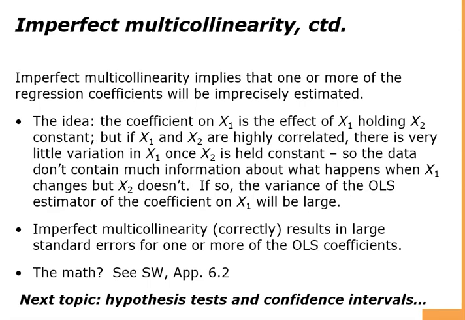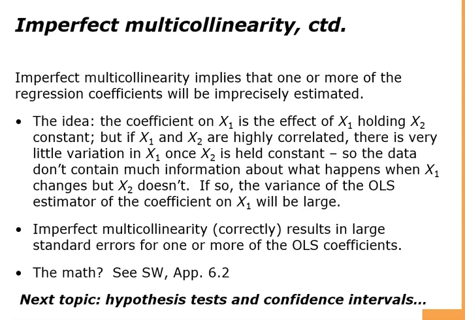So once again, imperfect multicollinearity implies that one or more of the regression coefficients will be imprecisely estimated, and that is simply because the coefficient on x1 is the effect of x1 holding x2 constant, but if x1 and x2 are highly correlated, it would mean that when you're looking at the coefficient of x1, x2 is not constant.